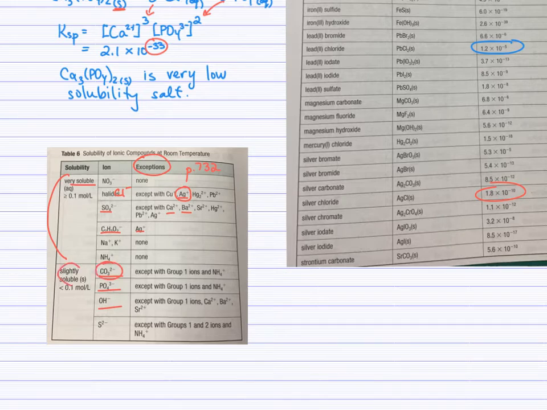Carbonates, right, form slightly soluble salts. There is your KSP for silver carbonate, times 10 to the negative 12. You won't find sodium compounds in the KSP table. Why? Because they are very soluble, without exception. And so the K value would be very, very, very large.